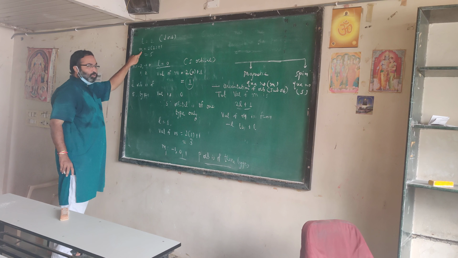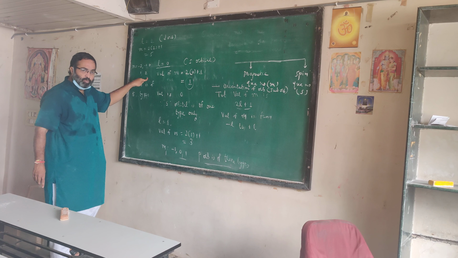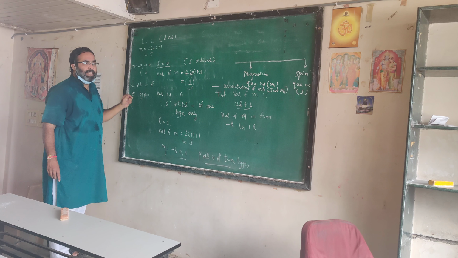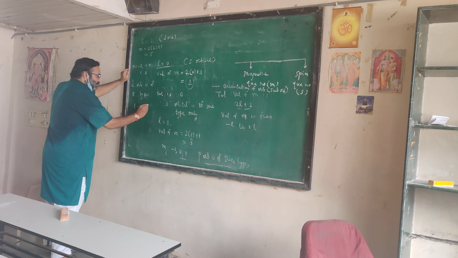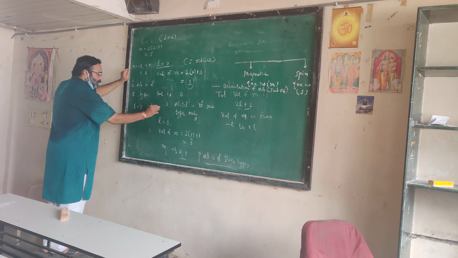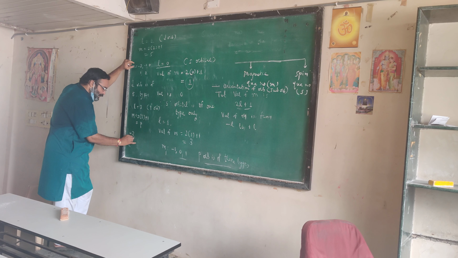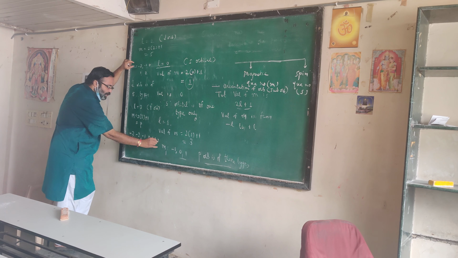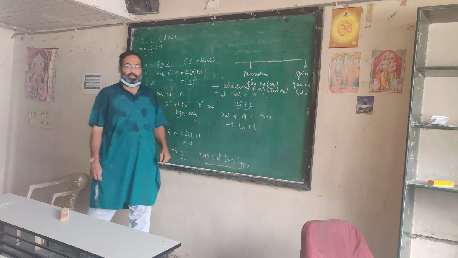Similarly, l equals 2 gives 5 values of m, minus 2 to plus 2, so there are 5 types of d orbital. And l equals 3 corresponds to the f orbital. Here the value of m would be 2 into 3 plus 1, that is 7, and the values are minus 3, minus 2, minus 1, 0, 1, 2 and 3. There are 7 suborbitals in the f type of orbital.